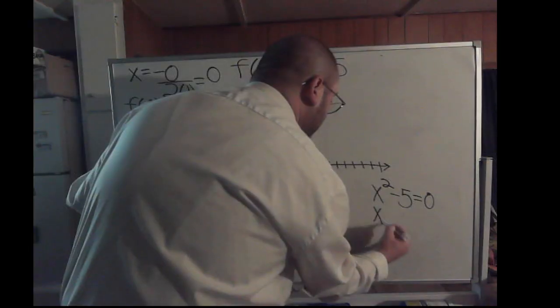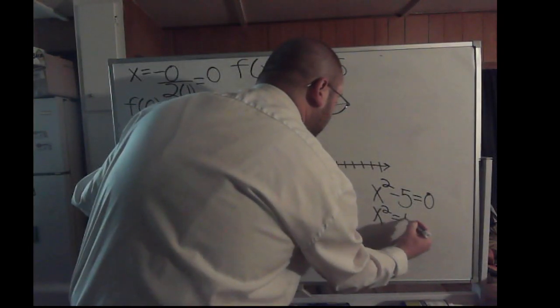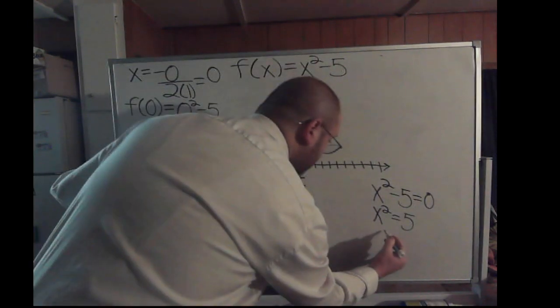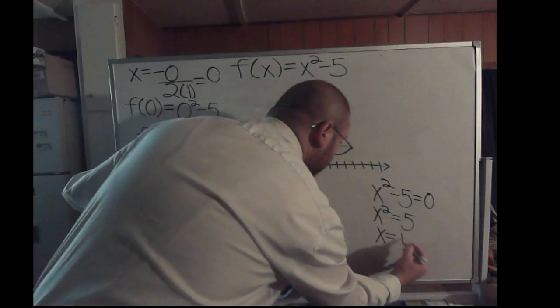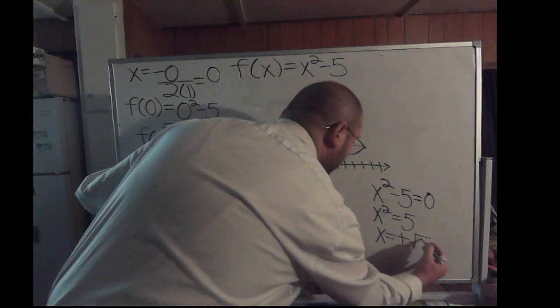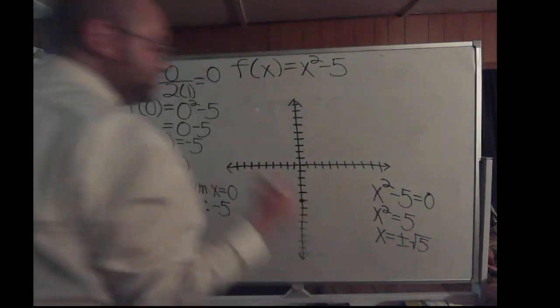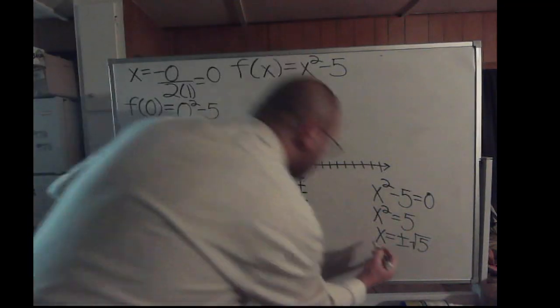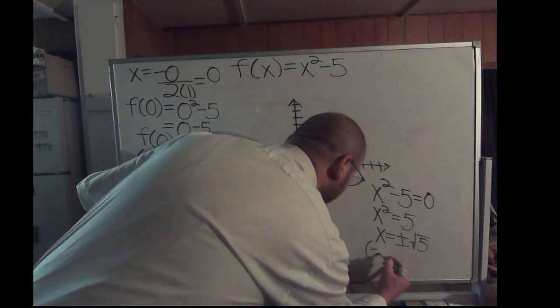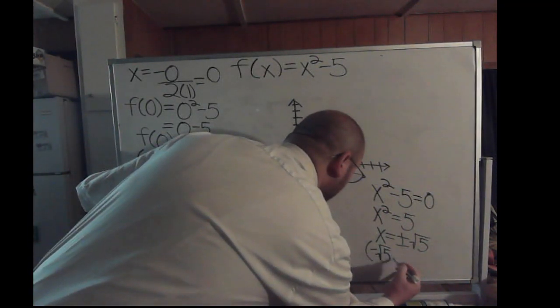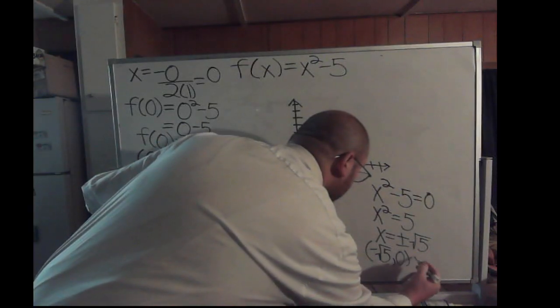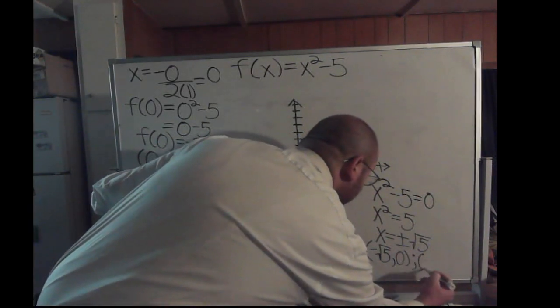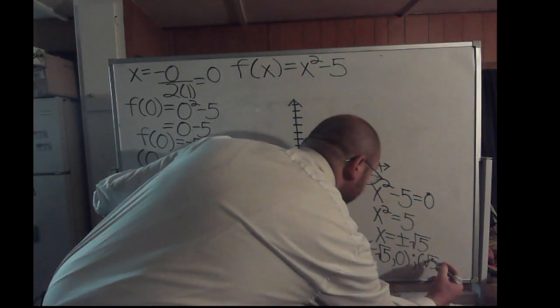Then you would get x squared equals 5. X would equal plus or minus the square root of 5. So your x-intercepts are going to occur at negative square root of 5, 0, as well as positive square root of 5, 0.